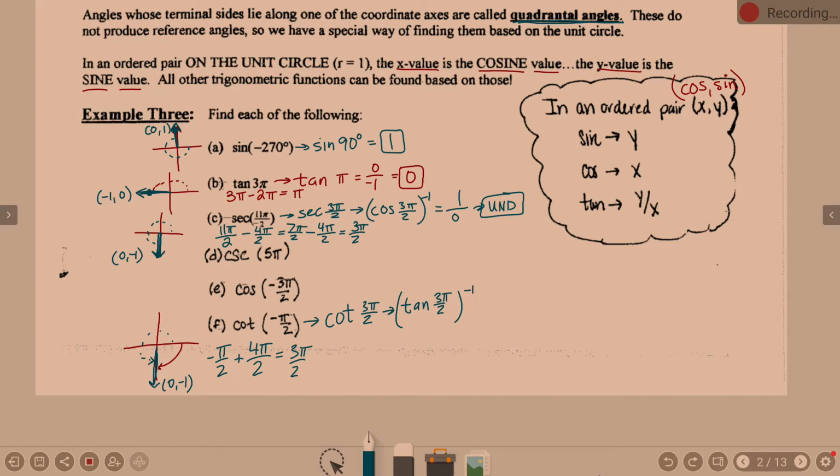For tangent, we do y over x. So what's that mean we do for cotangent? X over y, which is going to be what, class? 0 over negative 1. And 0 divided by anything is 0.